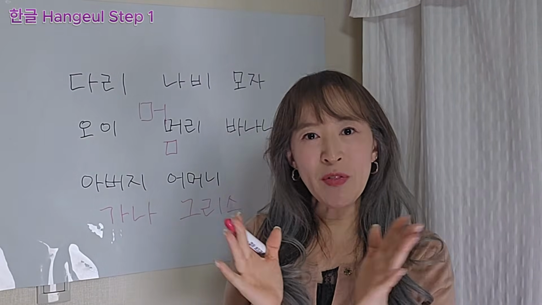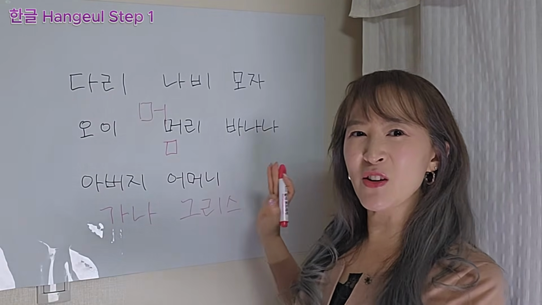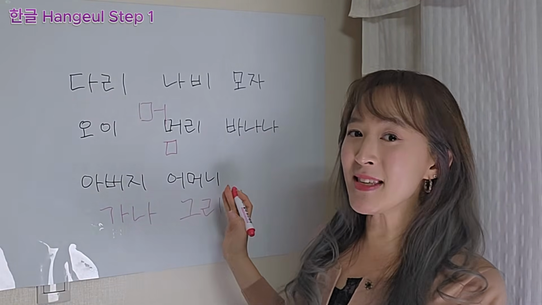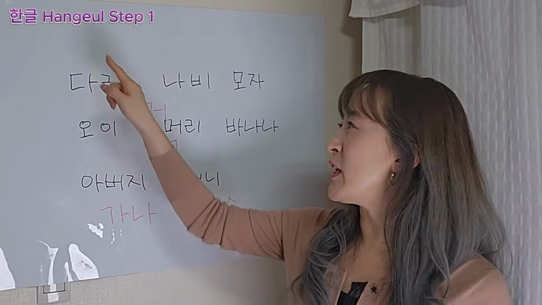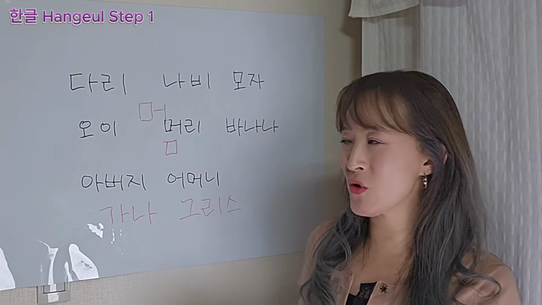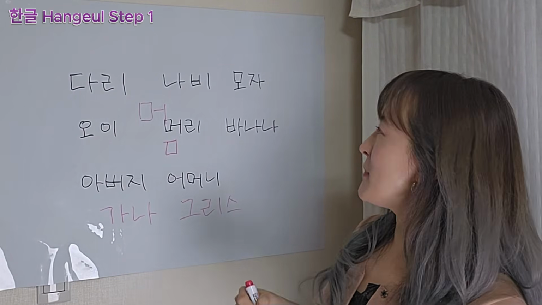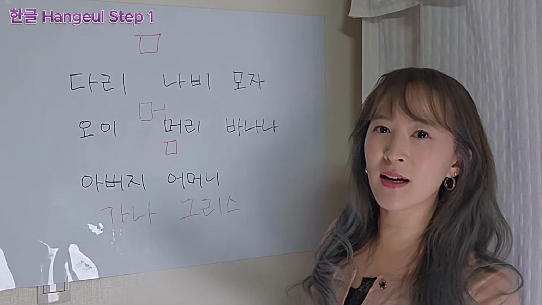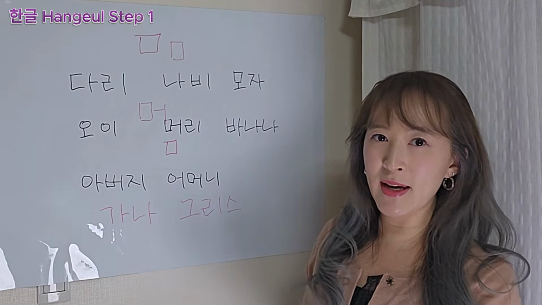And also, one thing I want to tell you is that even though it may look like some kind of drawing right now, it is an alphabet, right? So it's actually important that you know the order of these letters. So for example, this mium is not like this, not like a square, but it's this way.